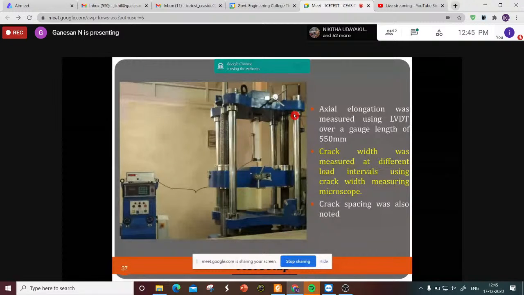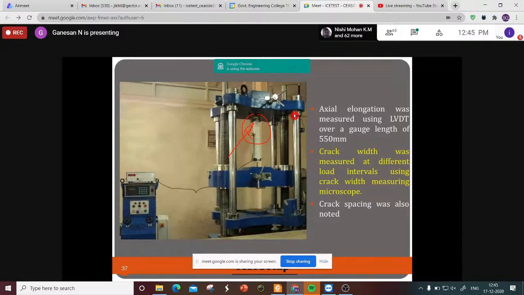You can see the LVDT here, used to measure the elongation, and the crack widths have been measured using a microscope with 0.01 millimeter least count. 0.01 millimeter means we can't see that division with the naked eye; we require a very powerful lens. The axial elongation was measured using the LVDT over a gauge length of 550 millimeter. Crack width was measured at different load intervals using the crack width measuring microscope.